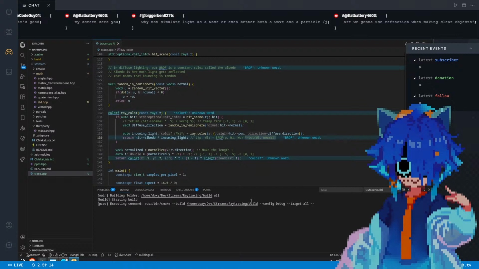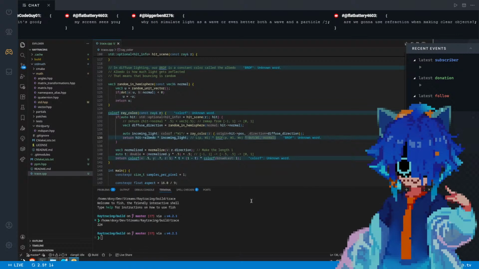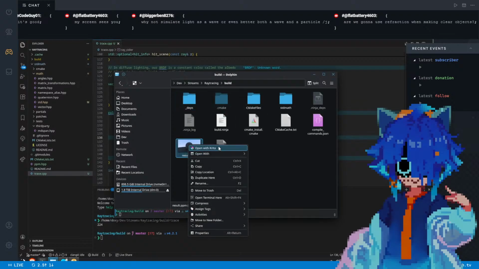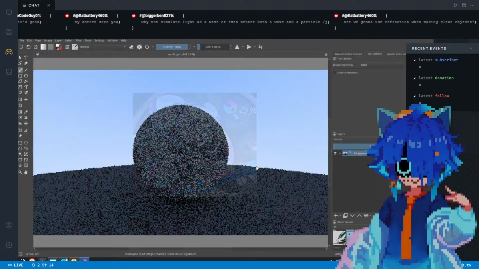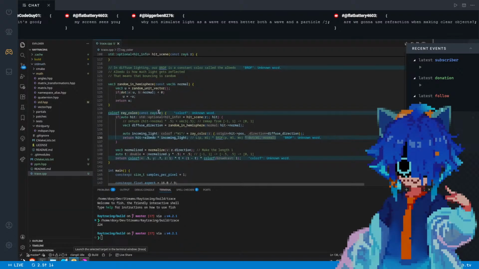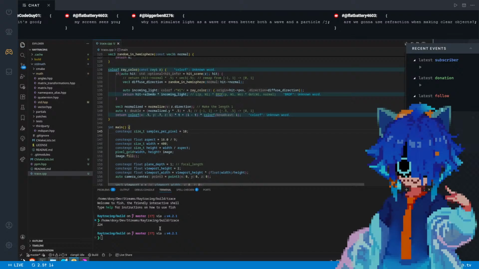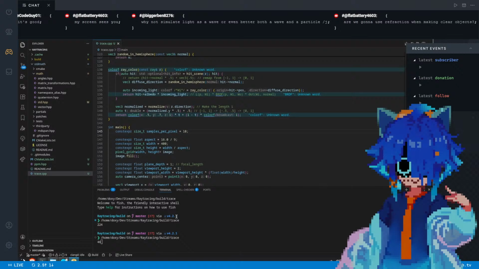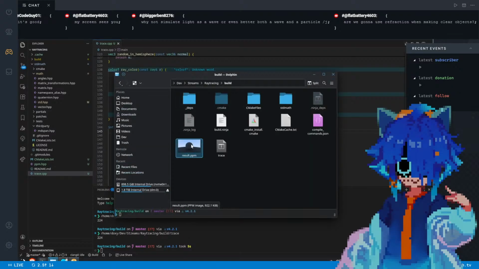Okay, you ready? So we've traced, and ideally we now have the world's most grainy little ray trace, but we can clearly see that this sphere has some shadowing, right? If we give the tracer a couple more samples, we should get a slightly better result.